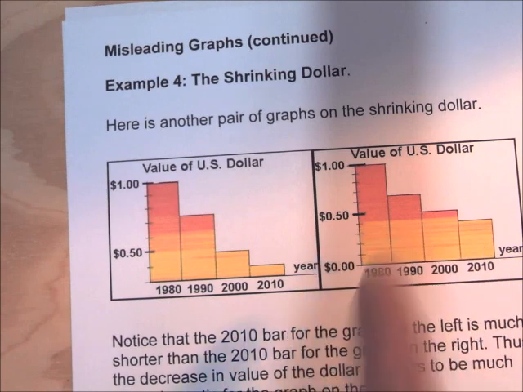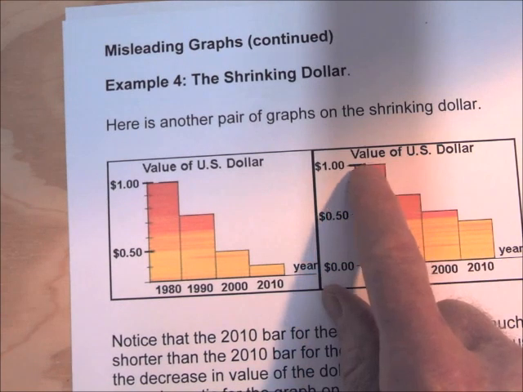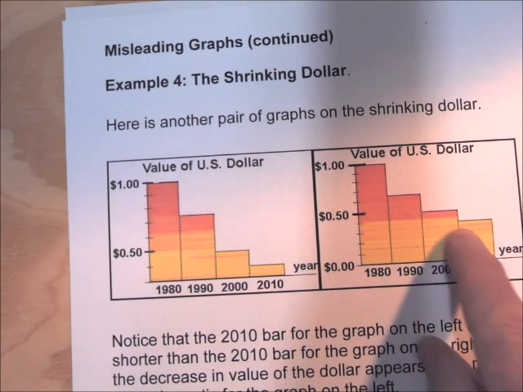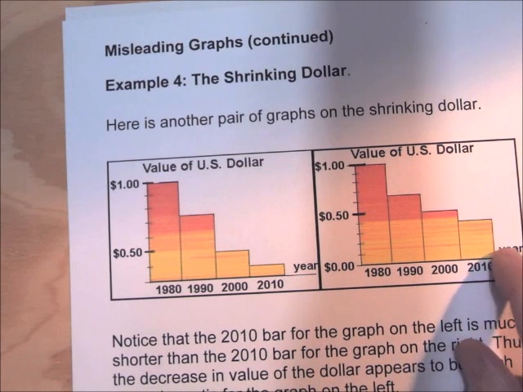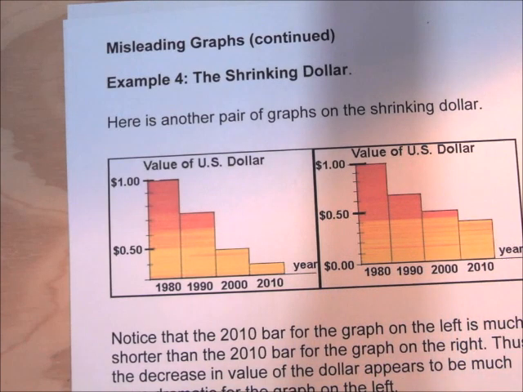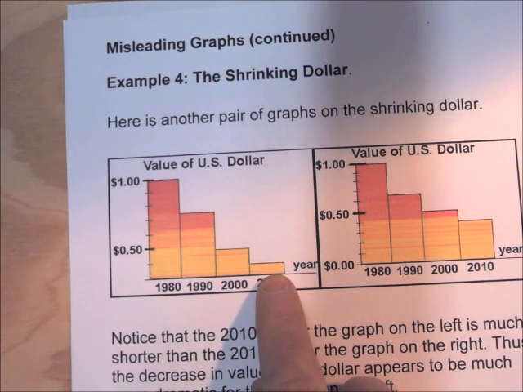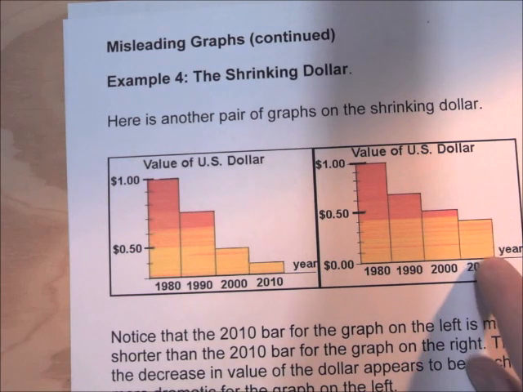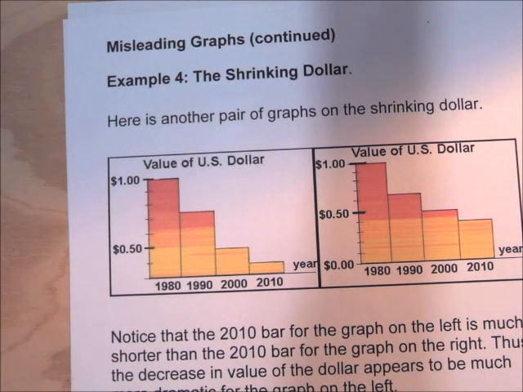In this other one, the value of the dollar goes up to 1 in 1980, but it doesn't seem to go down as far. But these are for the same data. If you look at the 2010 bar for the first graph, it looks a lot shorter than the 2010 bar for the second graph. So why, if we're using the same data, would the graphs be so different?